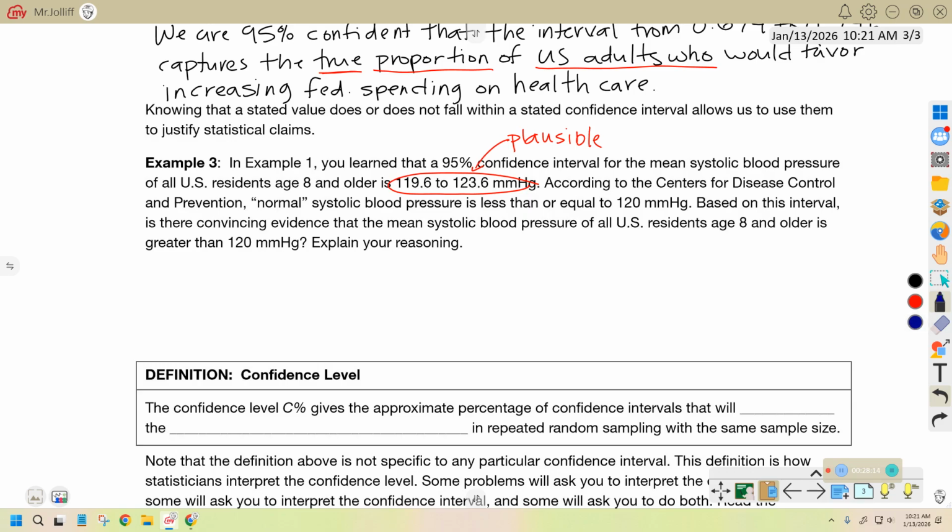And then they gave us a value to compare against, which is 120 millimeters of mercury or bigger. Based on that interval, can I conclude that the mean for the whole US is greater than 120?